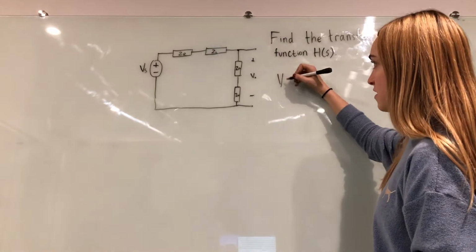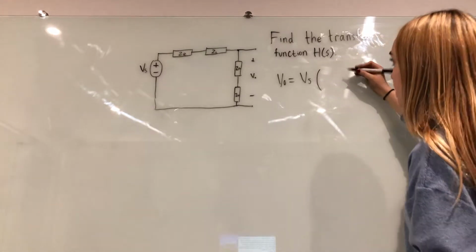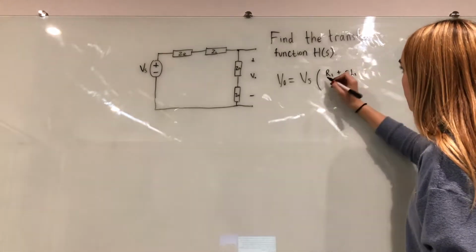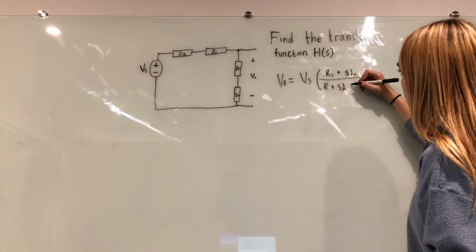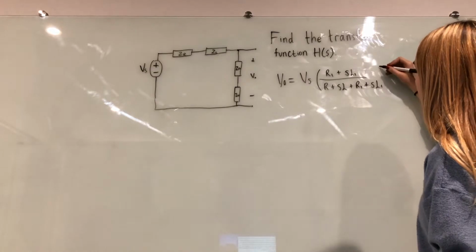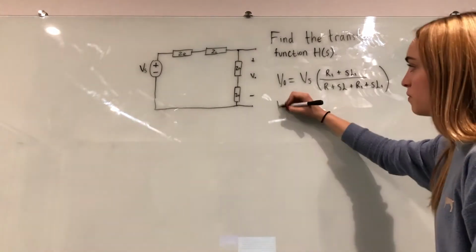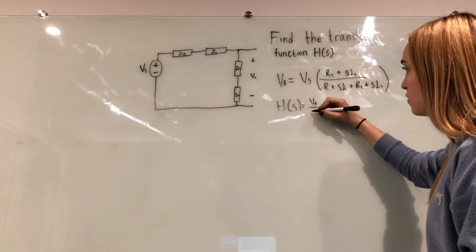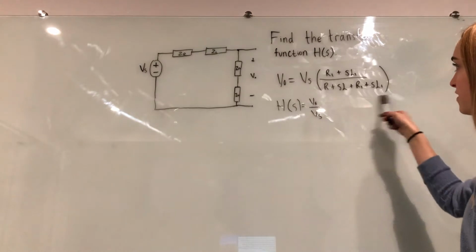So we can write this as VO is equal to VS multiplied by R1 plus SL1 over R plus SL plus R1 plus SL1. And this we recognize is just our transfer function, because remember, transfer function was equal to V out over Vs. So if we divide V out by Vs, we're left with this as our transfer function.